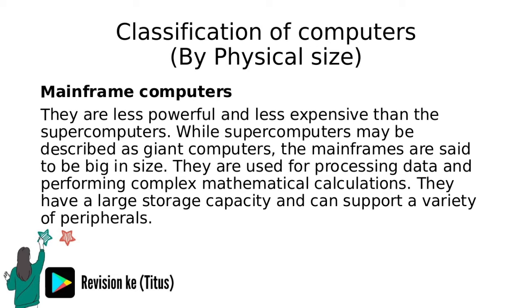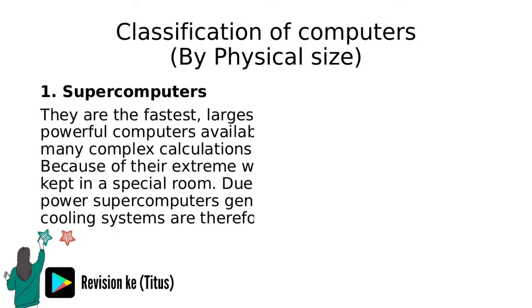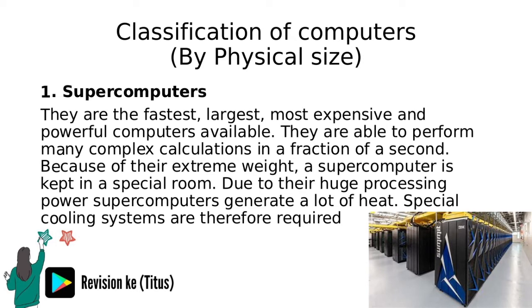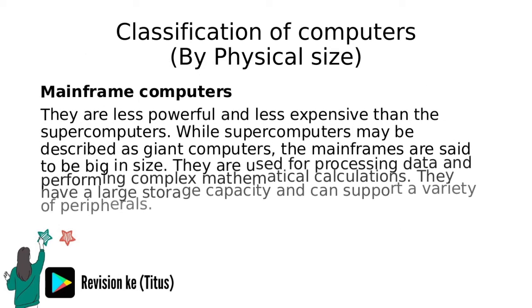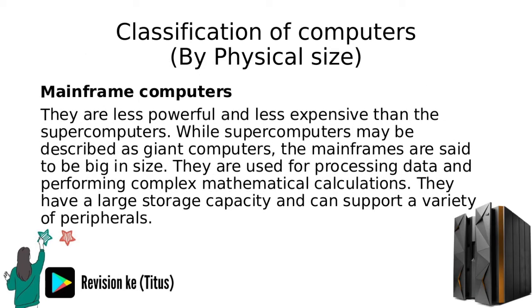You might come across them in banks where they have a lot of data to process. The data is quite huge, but not like what we talked about with supercomputers. Of course, they're slower than the supercomputers. Then we have an image of what a mainframe would look like.